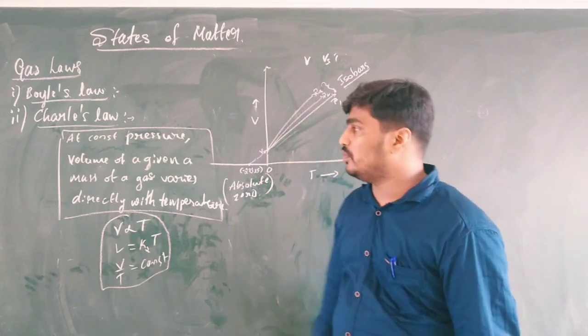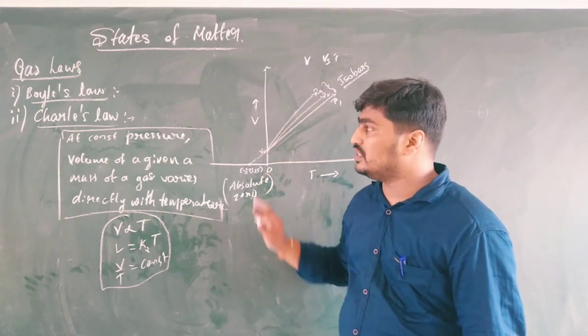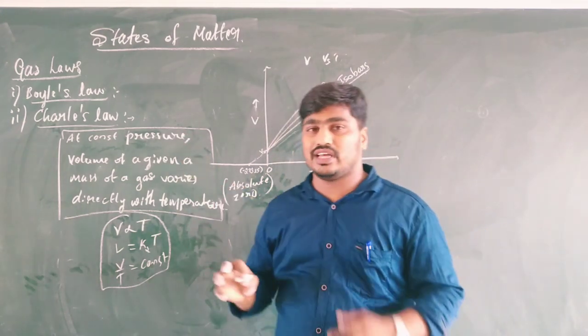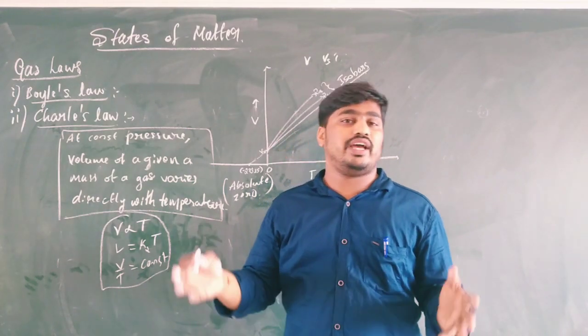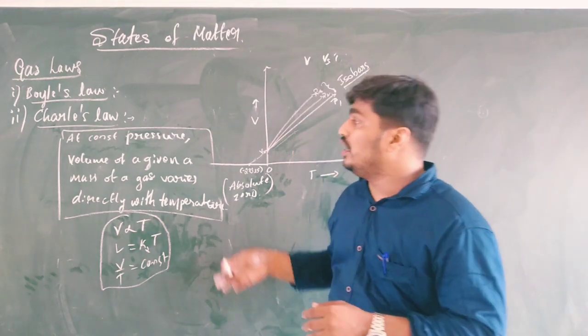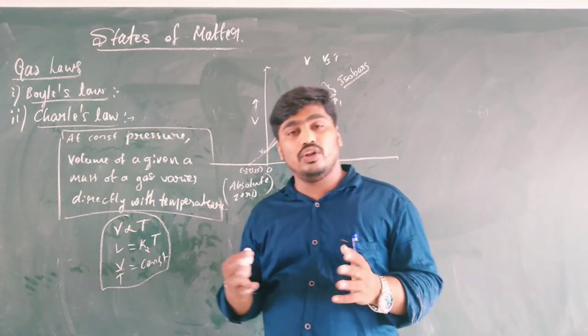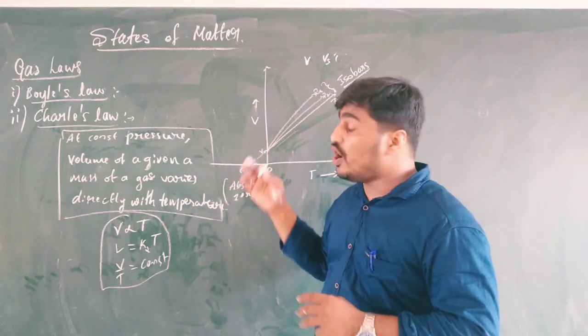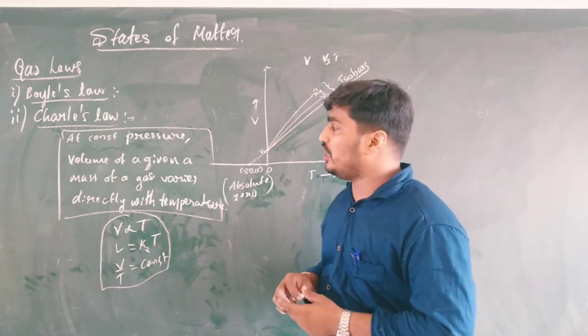So this is about Charles's law. What are the things we discussed here? What is Charles's law? The hot air balloon experiment. From their experiments, Charles and Gay-Lussac concluded how volume varies with temperature.